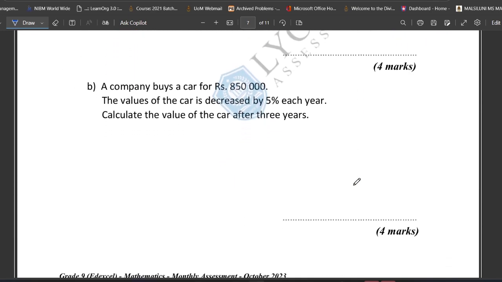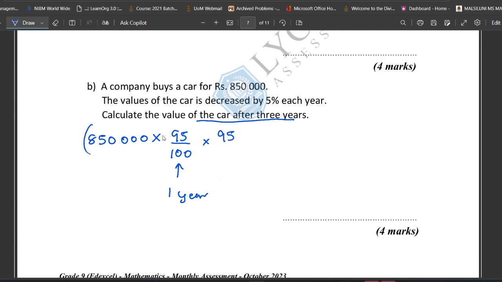In B part, a company buys a car for 850,000. The value of the car decreases by 5% each year. Calculate the value of the car after 3 years. In the first year, the remaining value would be 95%, because 5 from 100, 5 is deducted for the first year. For the second year, from this value, again 5% would be deducted. This is for the second year.